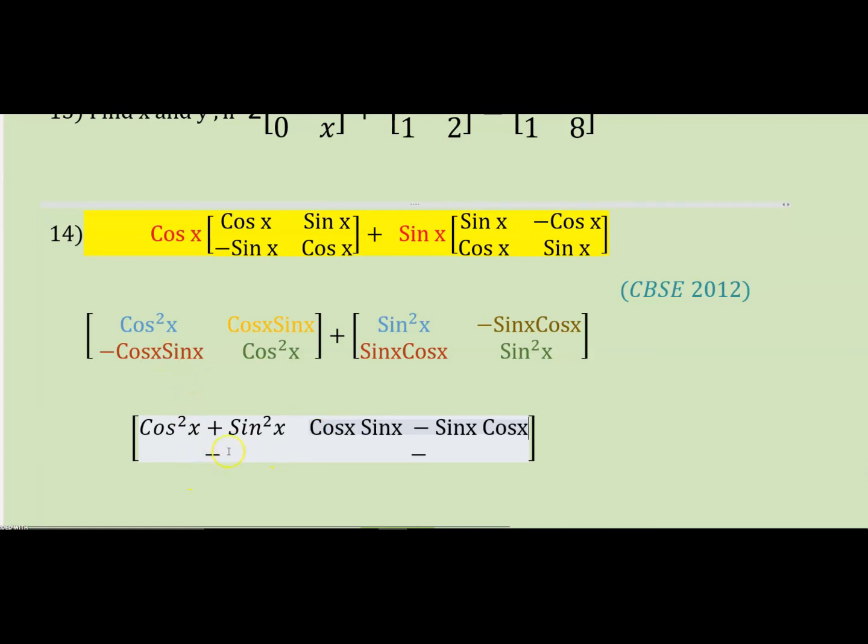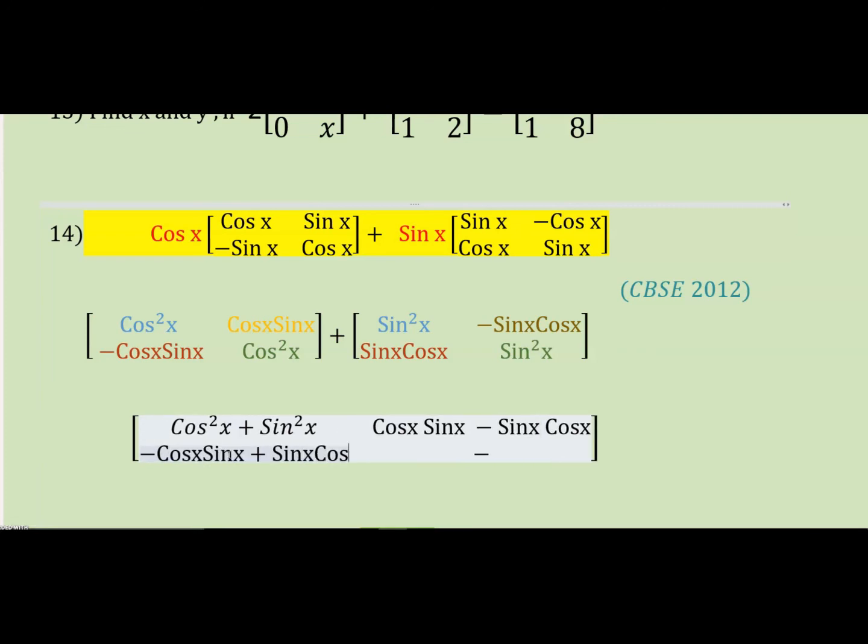Similarly add these matrices, this is cos x sin x plus sin x cos x, and the last is cos square x plus sin square x.